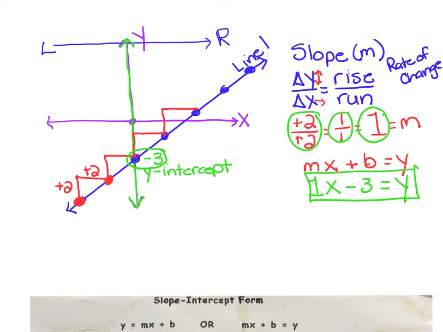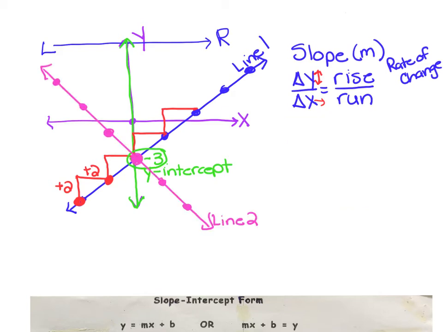But what happens if our line travels downhill rather than uphill as we move left to right? Draw the pink line sloping downward as your eyes move from left to right. We're going to label this line 2, and our y-intercept is still -3.